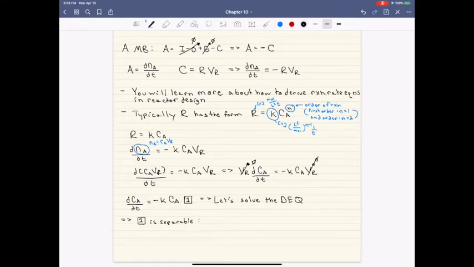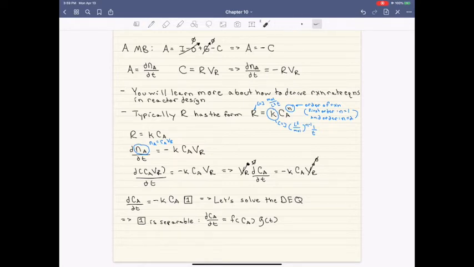As you remember, that means that dCa/dt can be described as the product of two functions, where one function is a variable of Ca, and the other function is a variable of t.